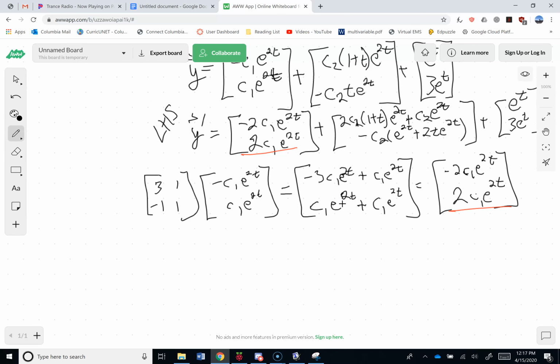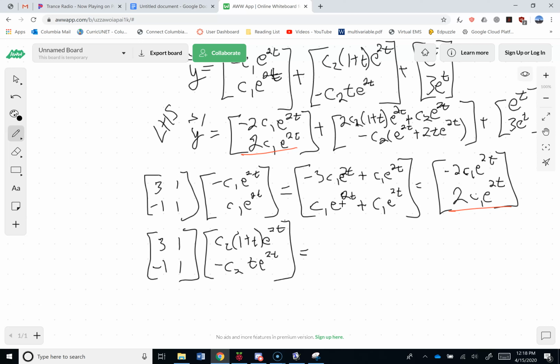Then I need to take 3, 1, minus 1, 1, and multiply it by my next guy, which is c2 times 1 plus t e to the 2t, and minus c2 t e to the 2t. And that's going to give me 3c2 times 1 plus t e to the 2t.